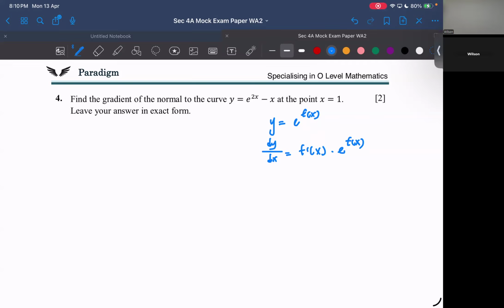Yeah, you need to do the m1 and m2 one, because this dy over dx is the gradient of the tangent.